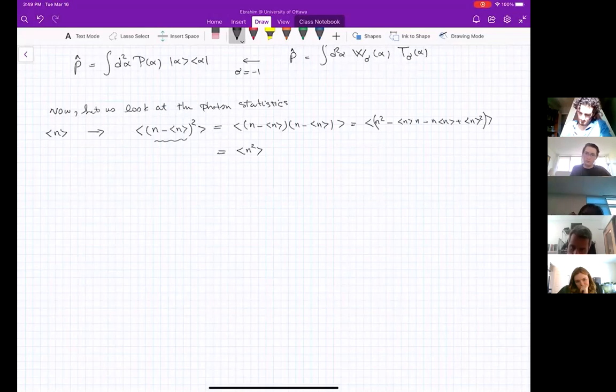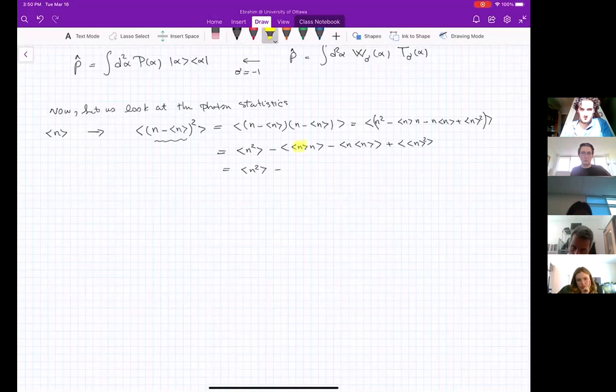So that will be n squared. The second term will be minus averaging of n, and the final term will be averaging of n squared. True?